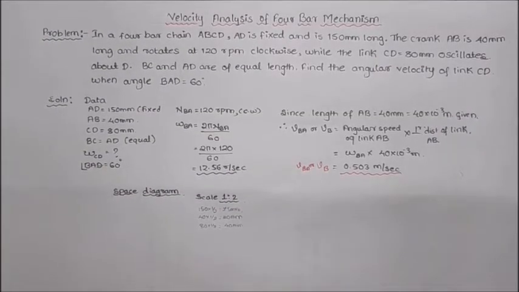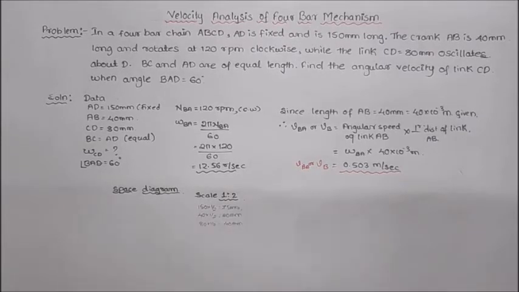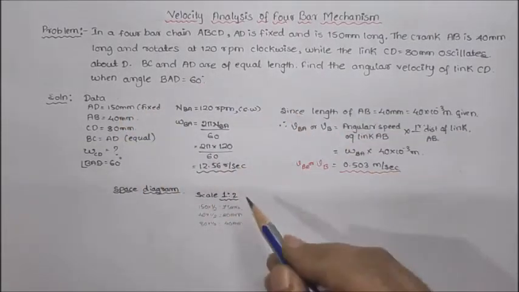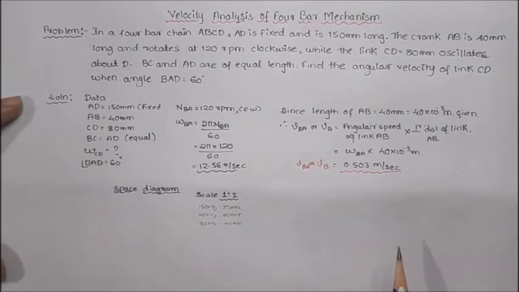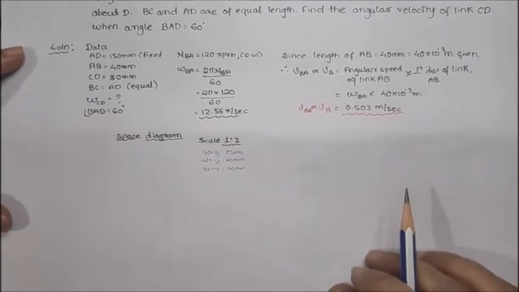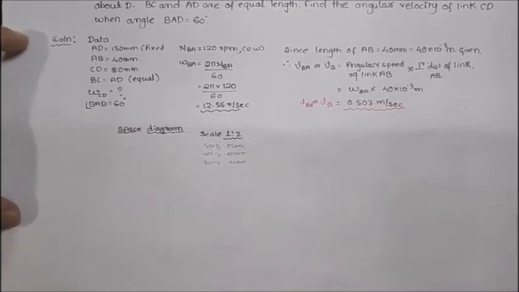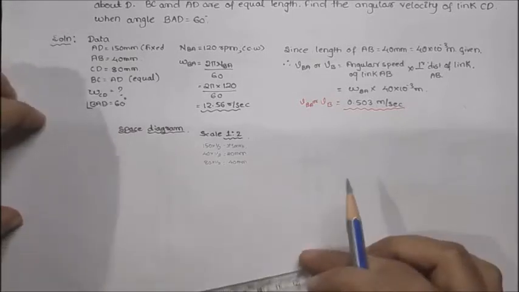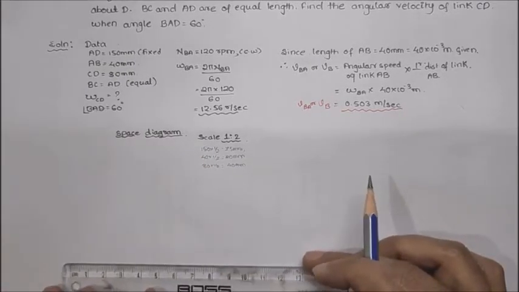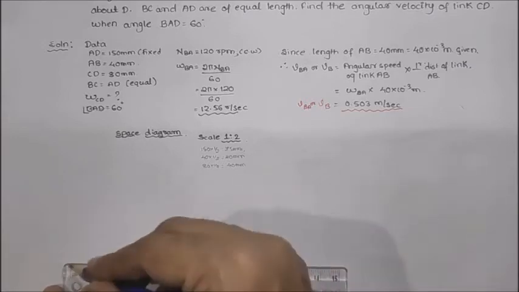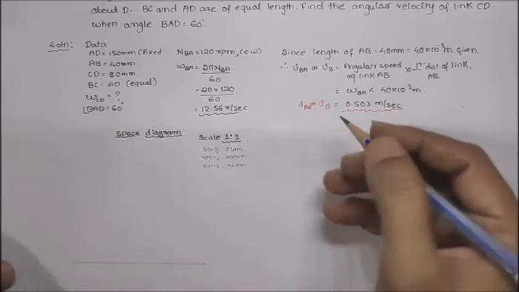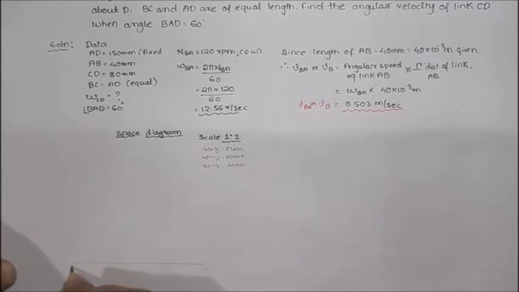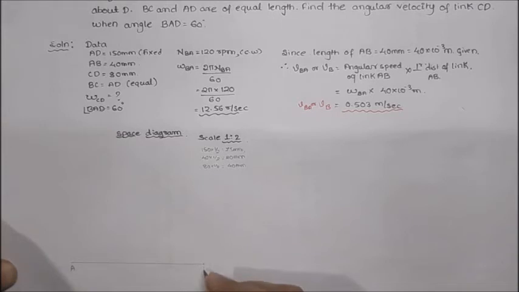Let's begin drawing our space diagram, taking AD equal to 150, that is reduced scale as 75 mm. So to make it convenient, we will raise this one so that it will be visible. Take a measurement equal to 75 mm. Label that one as point A and this as point D. This is a fixed length.